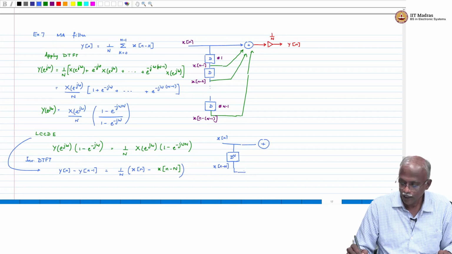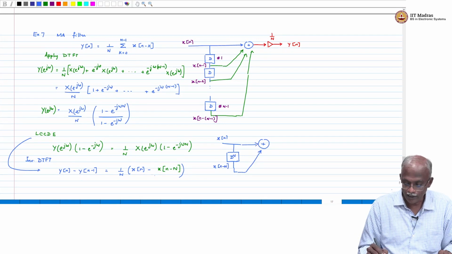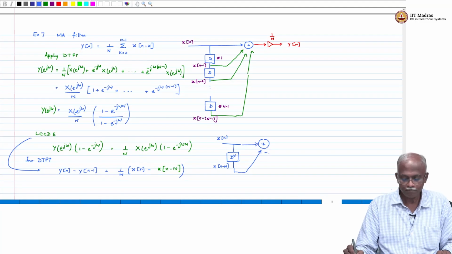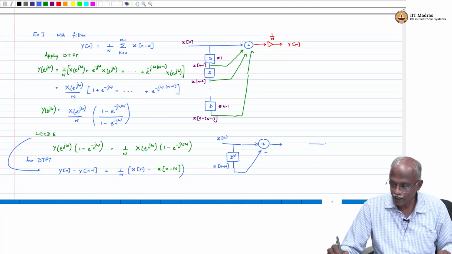Okay. And I am going to take it to the summation, but notice that it is not an addition, it is going to be a subtraction. So, I put a minus sign there. Okay. Then what do I have on the output side? I have y of n passing through a delay.